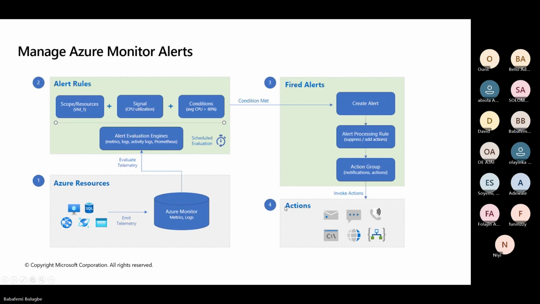For the alert details that you get, depending on the condition you set, we have different severity levels. I think 0 is for critical, 1 is for error, 2 is for warning, and the likes. I think we will still take it to see all these different ones.